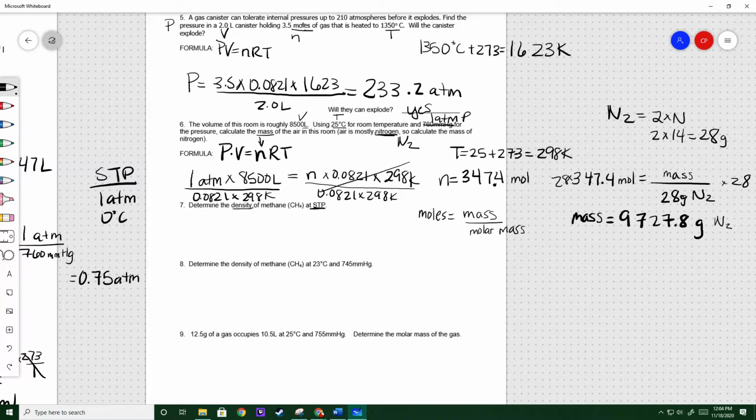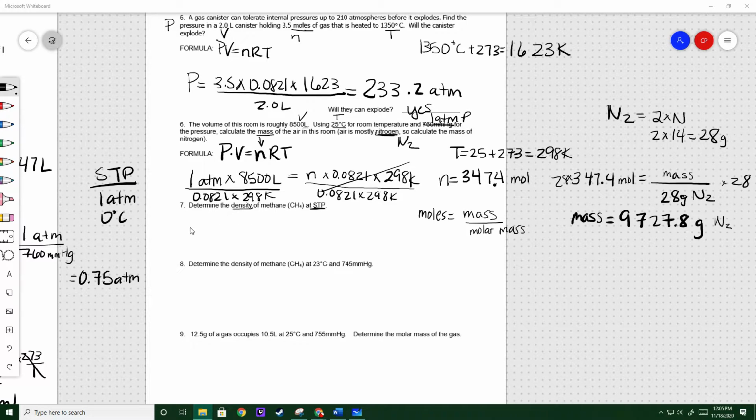Sometimes, depending on your chart, they give you the STP there. They put 0 degrees Celsius, but also 273 Kelvin.